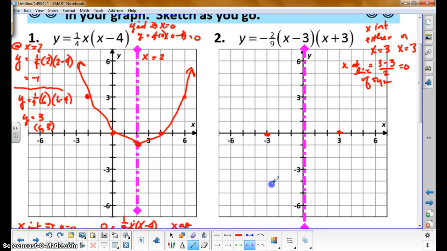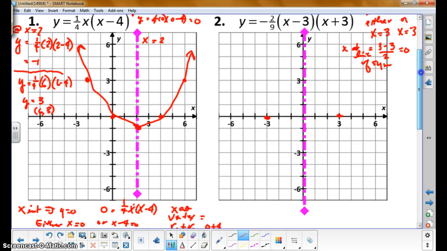So our line of symmetry is here. So we can plug in to find the y. The vertex will be along this line, along x is equal to 0. So y at x is equal to 0 is negative 2/9 times 0 minus 3, 0 plus 3.